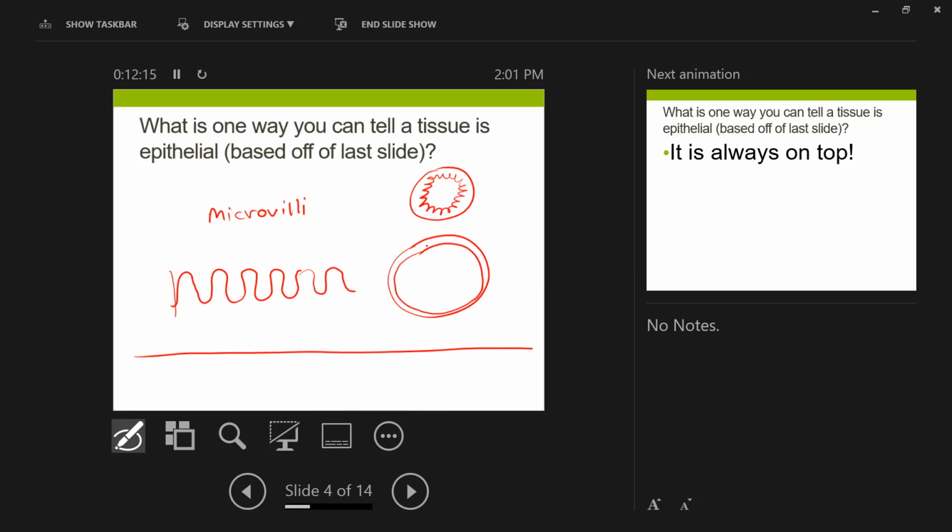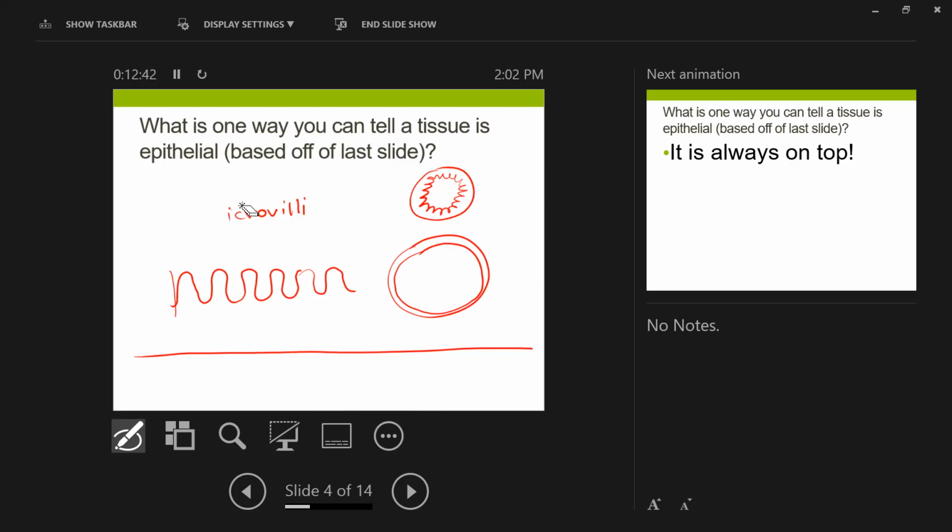The microvilli and the villi stretch out to hold all that food. When we actually do our dissections, some of you are going to get a pig with poop in its intestines. It will happen. The poop is going to cause the intestines to stretch out. If you have a pig that has empty intestines, it's going to be very constricted. Okay.